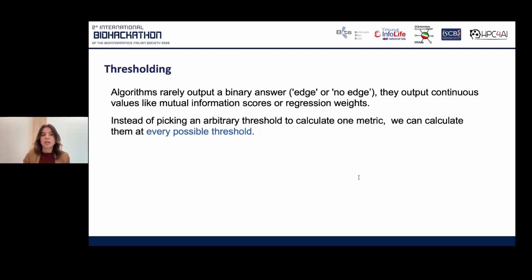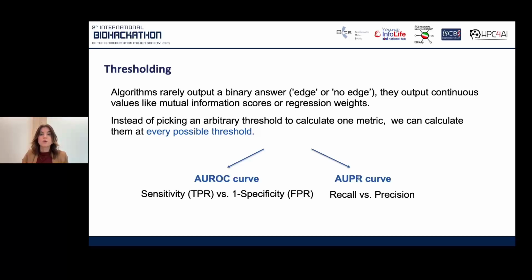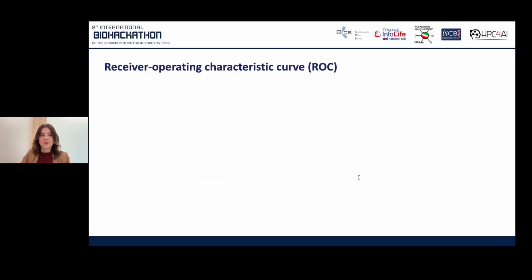So instead of picking an arbitrary threshold that tells us this is an edge and this is an absence of edge, we can also calculate our metrics at every possible threshold that we could have. This approach is used by two different strategies, the AUROC curve and the AUPR curve. Let's see what they are.